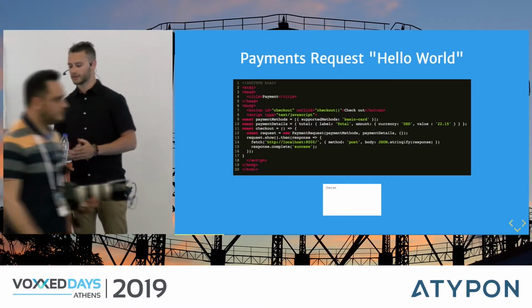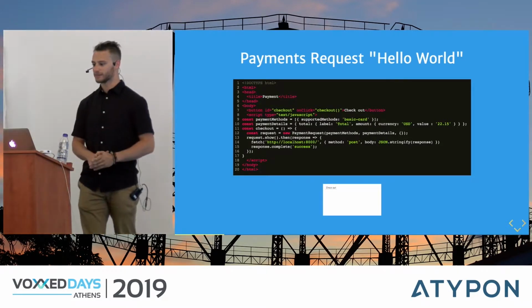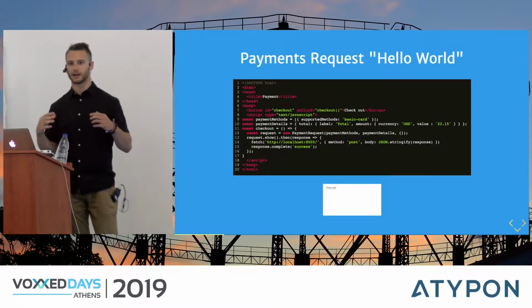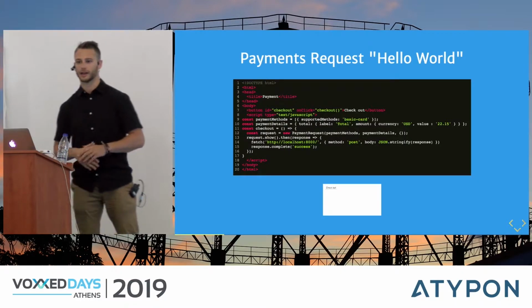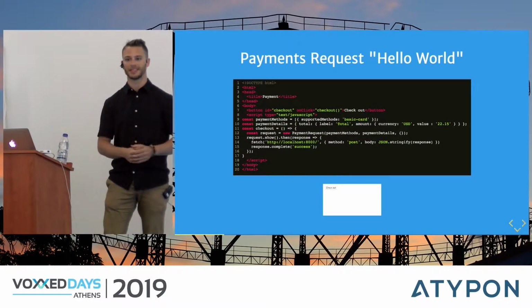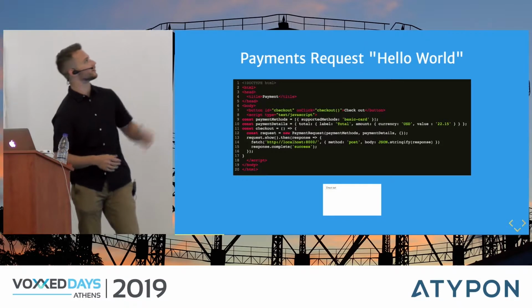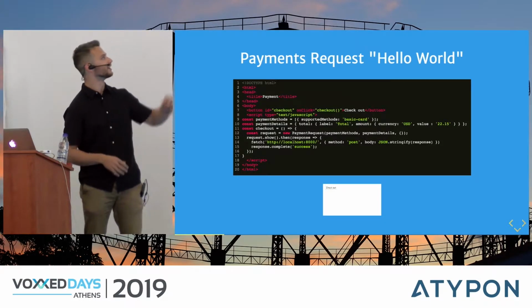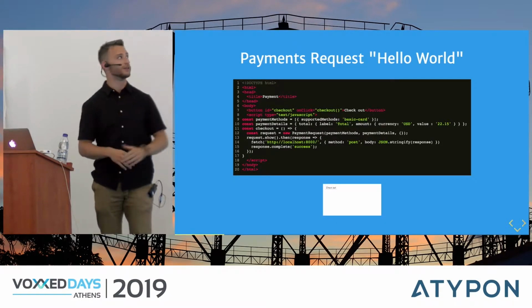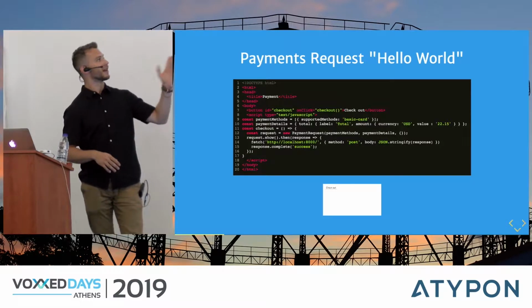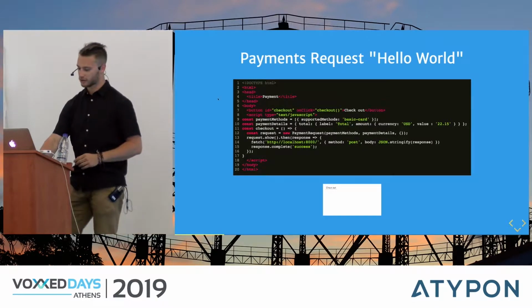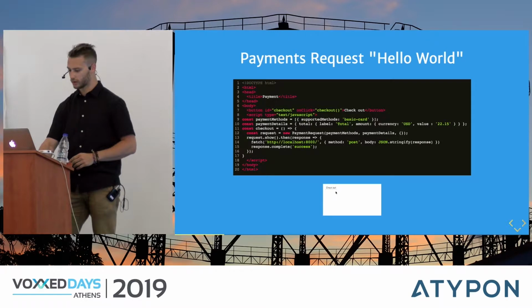And one thing I love about this API is that it can be a bit complex, but a really simple implementation is quite small. I don't know if you can see the code here, but this is just 20 lines of mixed HTML and JavaScript, and that creates this little window here.